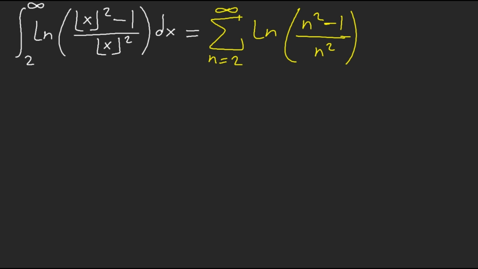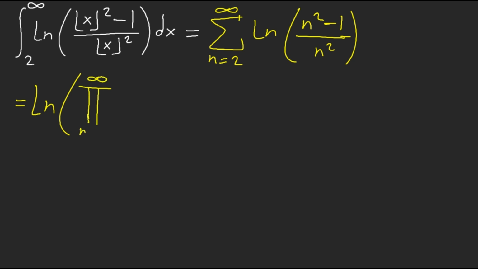Whenever you stumble upon a sum like this and you don't know where to go, the first strategy is to express it in terms of an actual sum. Actually, because it's inside of an ln, summing up an ln means that this is a pi product, technically.